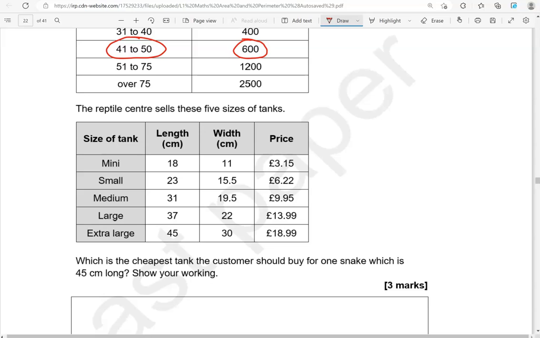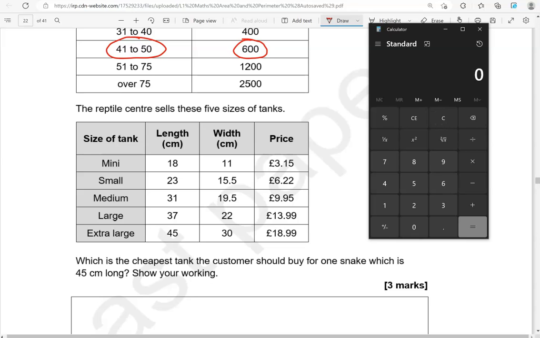So we've got mini, which has a length of 18 centimeters and width of 11 centimeters. So 18 times 11 gives us 198, which is much smaller than 600. Let's try small. 23 times 15.5, that is 356.5, which again is smaller than 600.